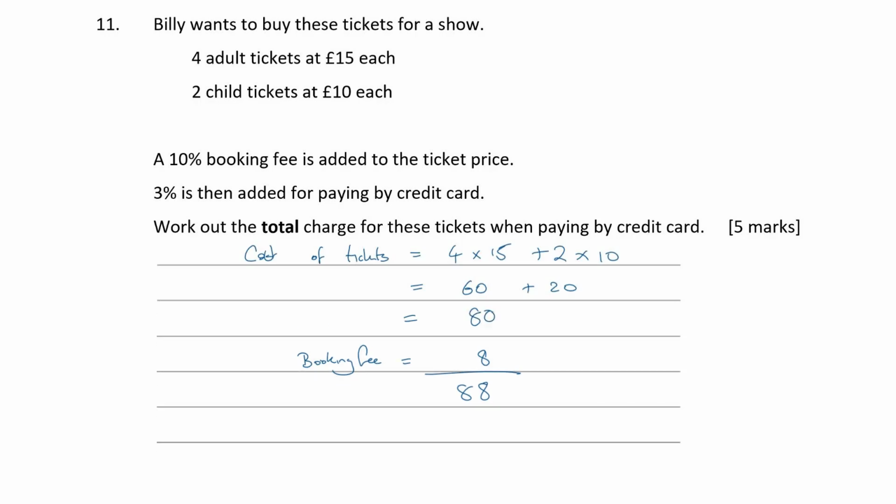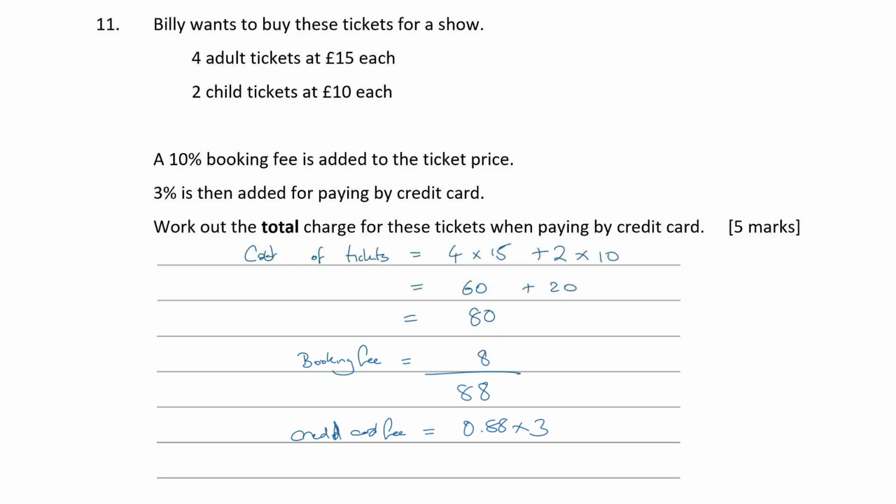And then finally, I need to add 3% for paying by a credit card. Okay, so I've got £88. What's 3% of £88? So this is my credit card fee. So if I have £88, then 10% is £8.80, and 1% would be 88p. So 3% is going to be 3 lots of 88 pence.